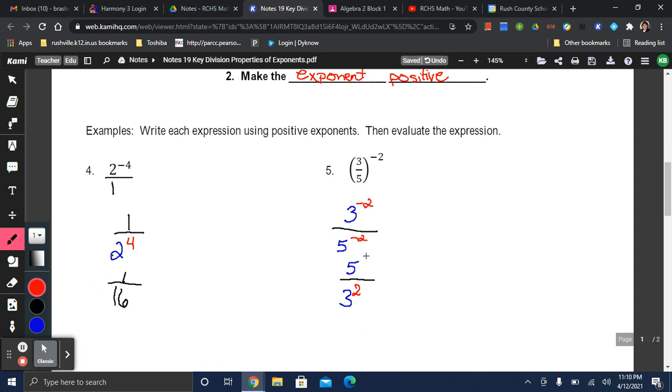And when it does, it becomes a positive exponent. Then you can simplify. So 5 to the second power is 25. On the bottom, 3 to the second power is 9. And you end up then with the expression 25 over 9.